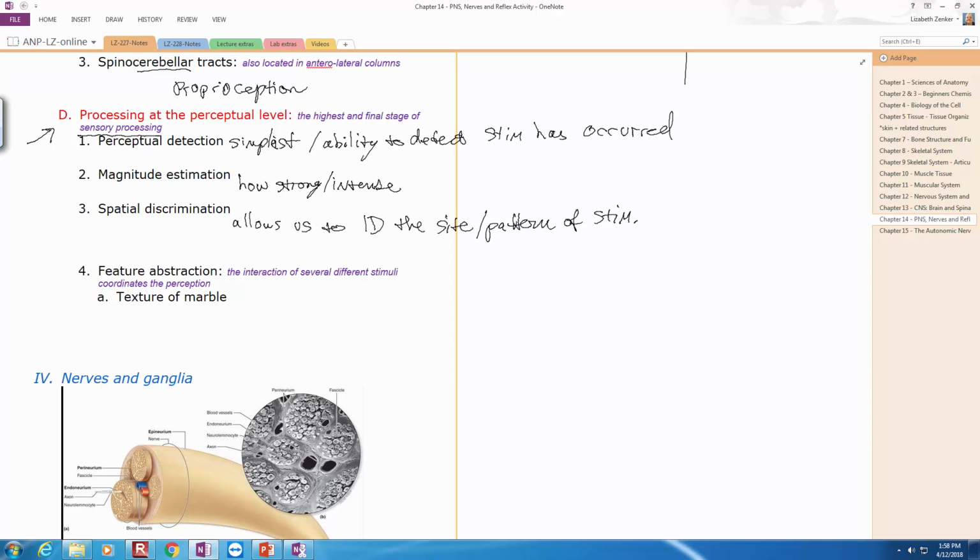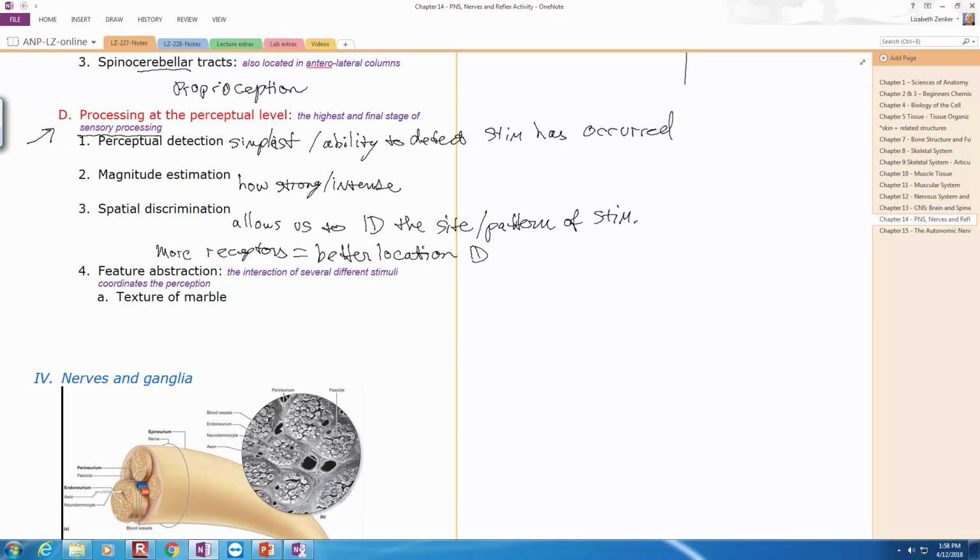Should I write that down for you? More receptors equals better location ID, identification.